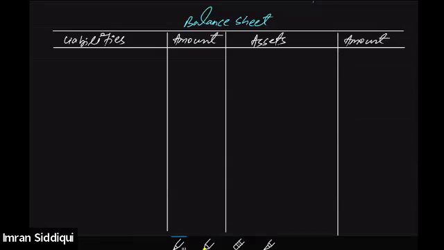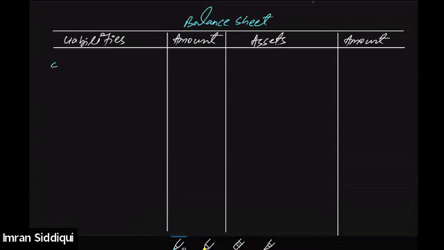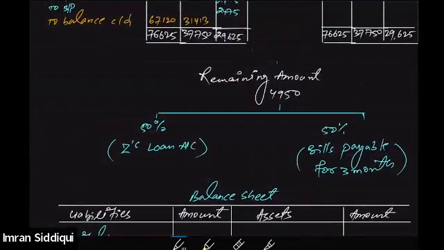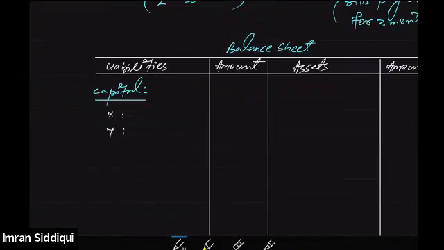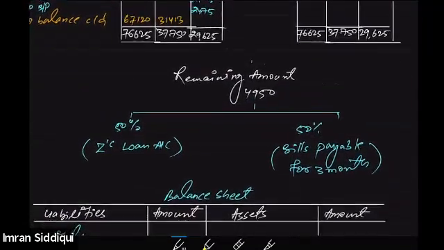All right. So first of all, we'll write down the capital balances of the partners. For X and Y, we just calculated the closing balances, 67120 and 31413.